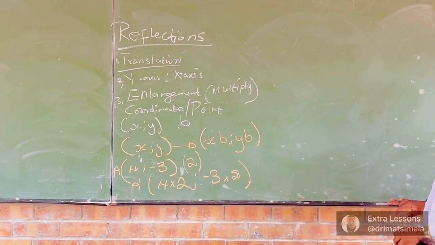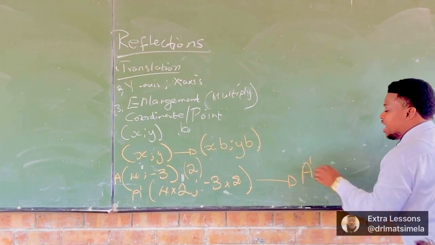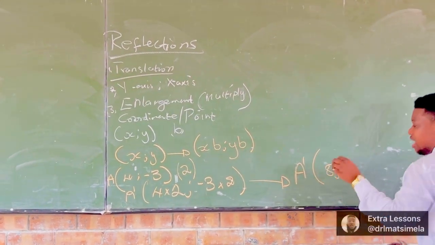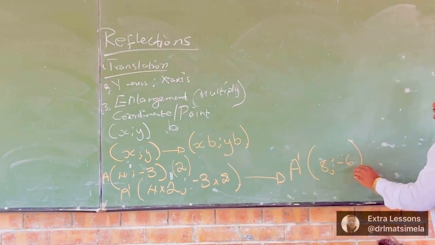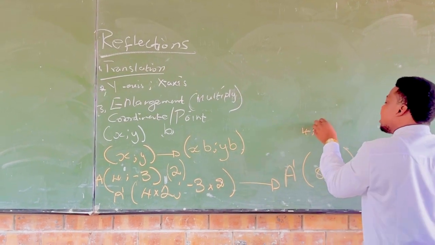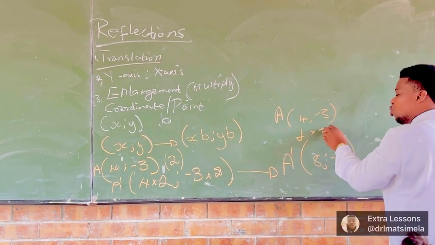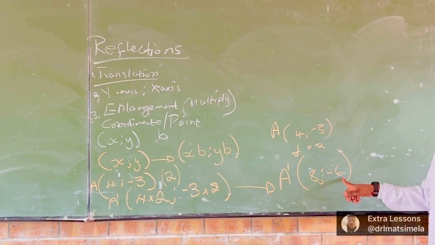Then A1 is 4 multiplied by 2, which gives us 8, and negative 3 multiplied by 2, which gives us negative 6. So our coordinate A, which is 4 and negative 3, has been enlarged by factor 2 and gives us A1, which is 8 and minus 6.